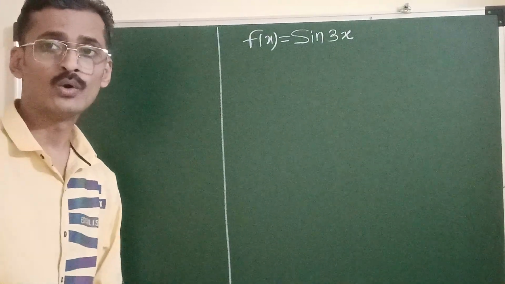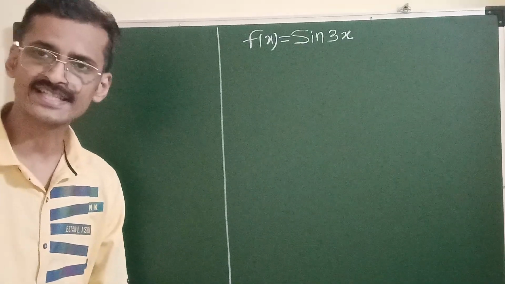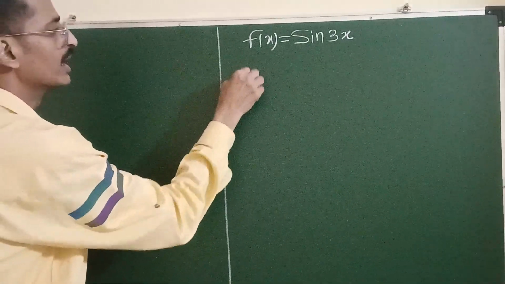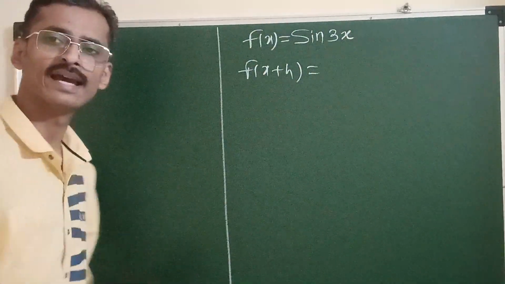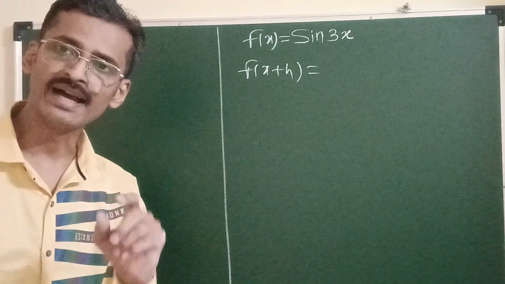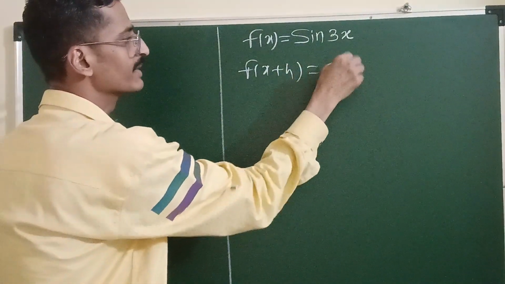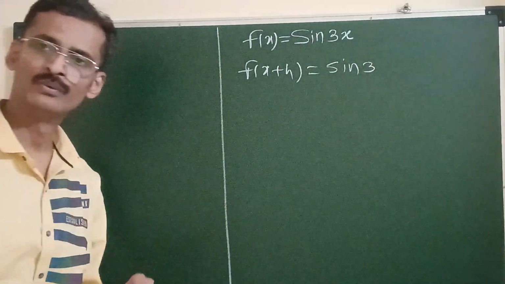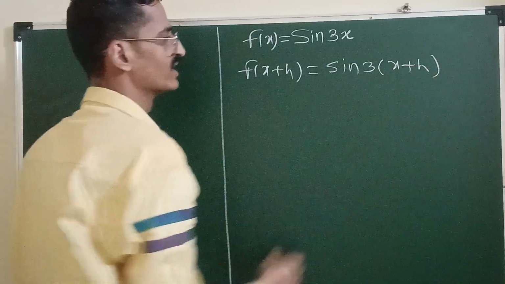Now from f of x we first have to find f of x plus h. So how can we find it? Just replace x by x plus h. Only replace x by x plus h. So this will become sine of 3 into, now just replace x by x plus h.